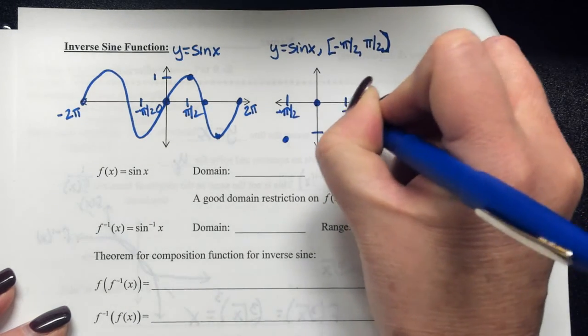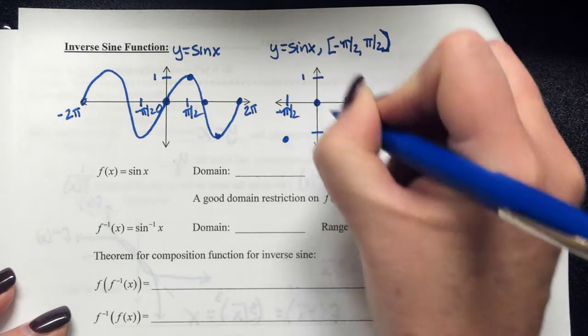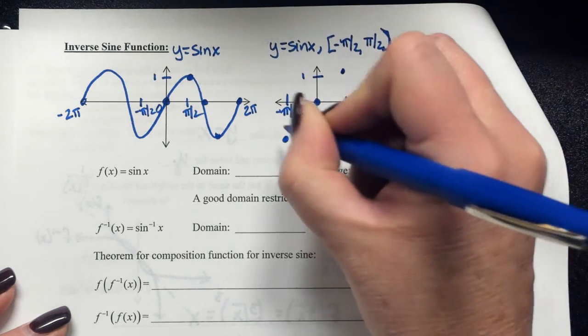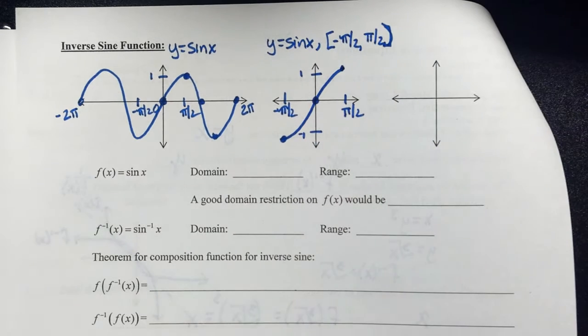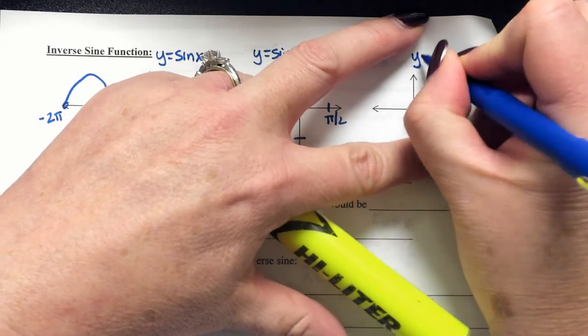At 0, it's 0. At positive pi over 2, it's 1. By restricting that domain, would you agree with me that now it is a 1 to 1 function? Yes. So now let's take a look at the graph of my inverse sine of x.